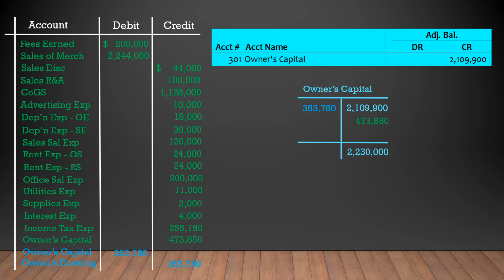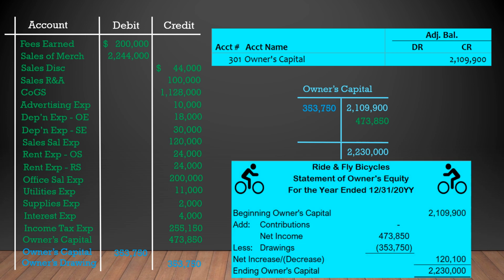Hopefully, that new balance looks familiar. It's our ending owner's capital balance from our statement of owner's equity. As of the posting of our closing entries, our owner's capital account should align with the statement of owner's equity.